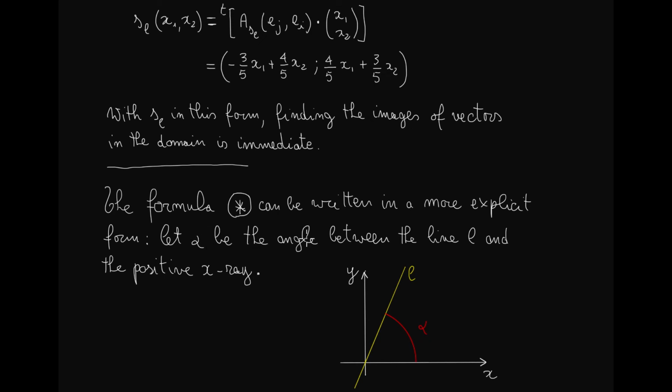Let alpha be the angle between the line L and the positive x-ray, like in the picture here. We have the x-axis. So if we consider just the positive ray here, then we can define the angle between the line L and this positive x-ray. So let's call alpha this angle.